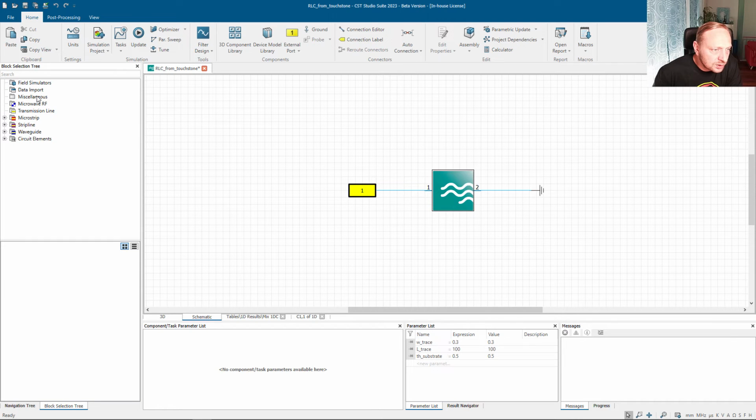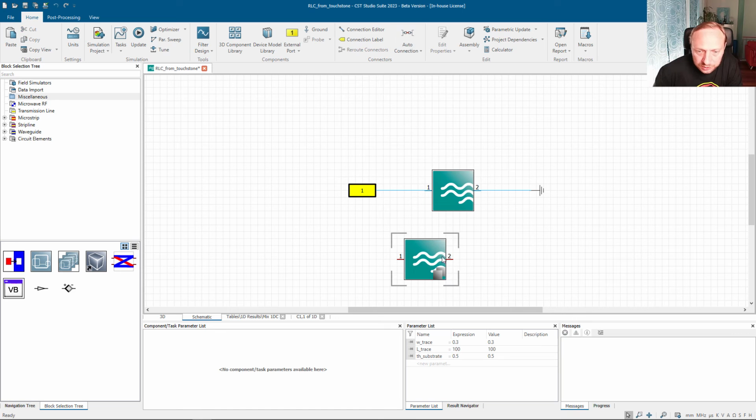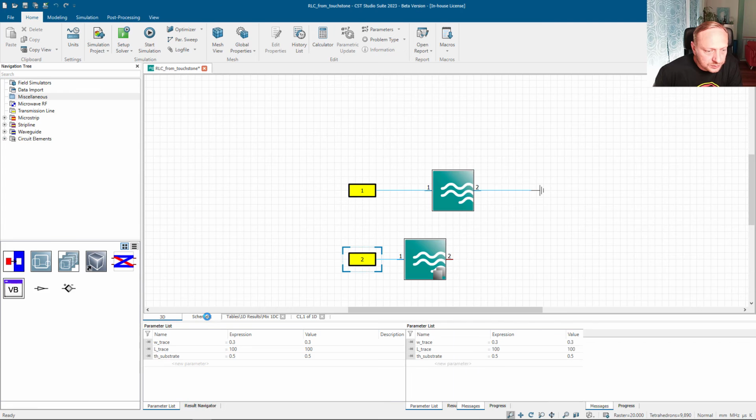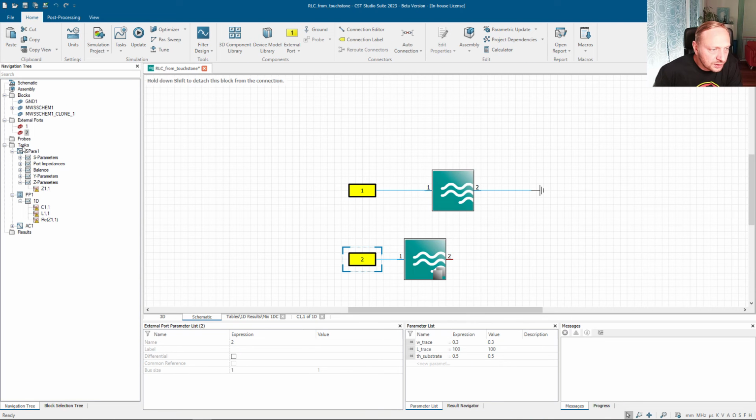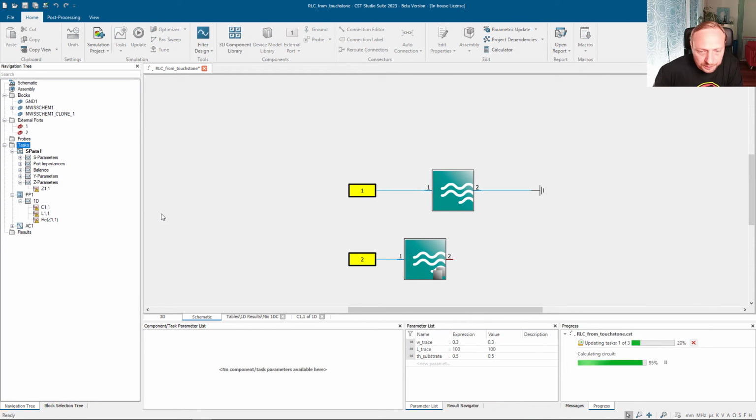So let me use a so-called clone block. So that's basically a clone of this one. And what I do now is I put a second port here, and I calculate the second impedance for an open circuit, right?